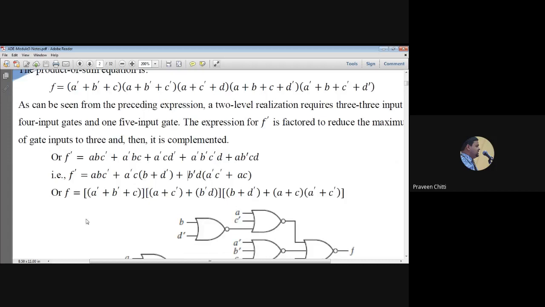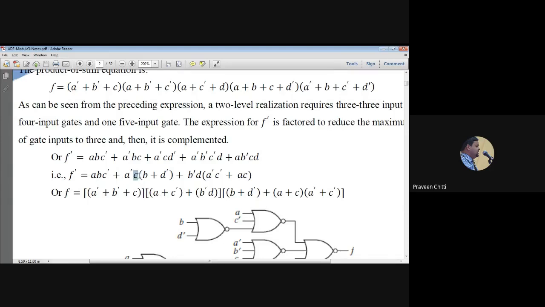Now you can see again how I have taken the complement. A, B, C bar can be written as A bar, B bar, C. Then this plus should be changed to dot. Dot you are changing to plus. Now this plus should be changed to dot. Then A bar C is there. This A bar C can be written as A plus C bar.